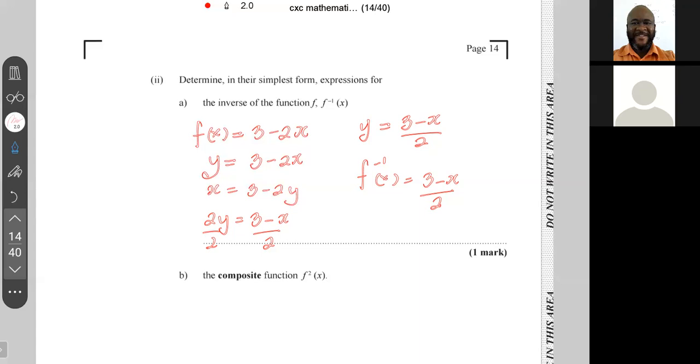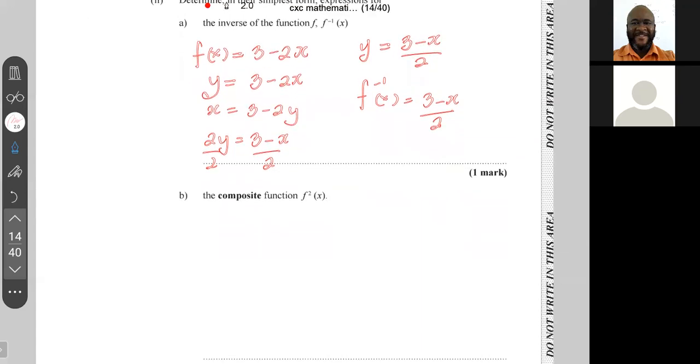Now we need the composite function f squared of x. Now f squared of x is the same as saying f of f of x. Guys, f of f of x is a composite function. You're going to form it by literally putting the function f into the function f. This is how you do it.